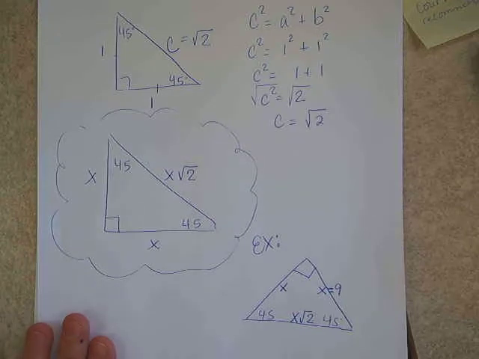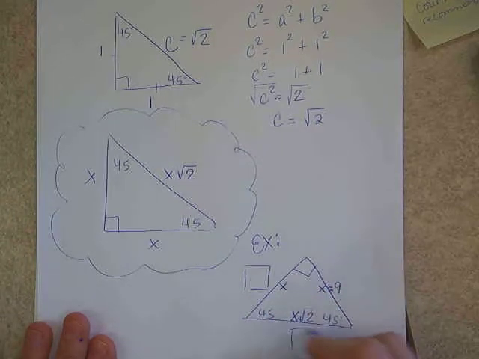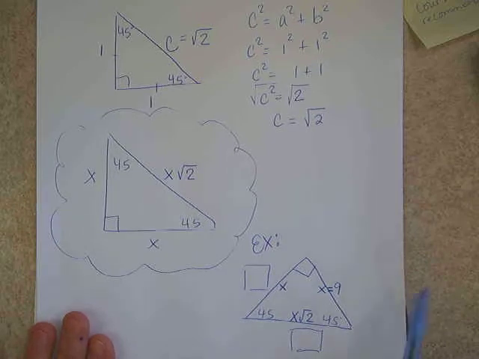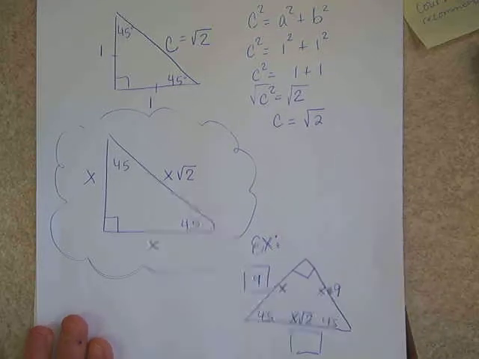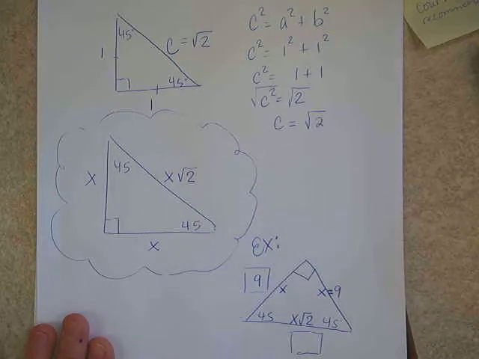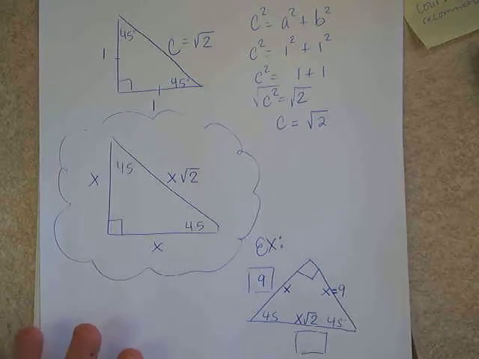So right over here, we know that x should be 9. So over here, this side length should also be 9, right?